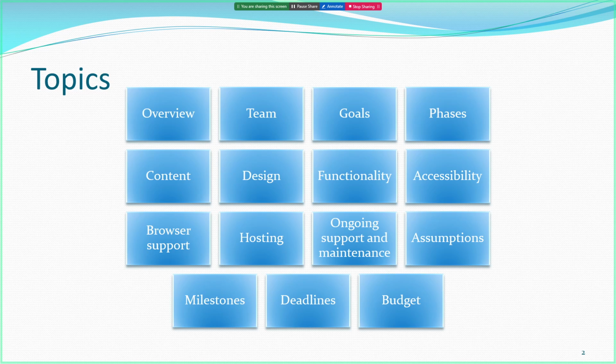So we'll be looking at how to incorporate your teams, what the goals are, what phases of the project, what the content you need to deliver is, the design, the functionality, how you're going to host it, how you're going to support the myriad number of devices out there. And what you've got to think about is how you're going to put it together.